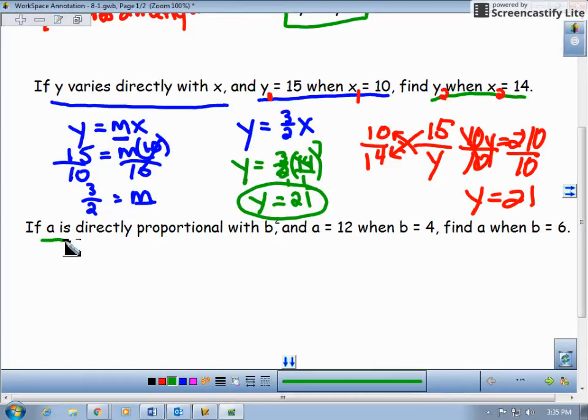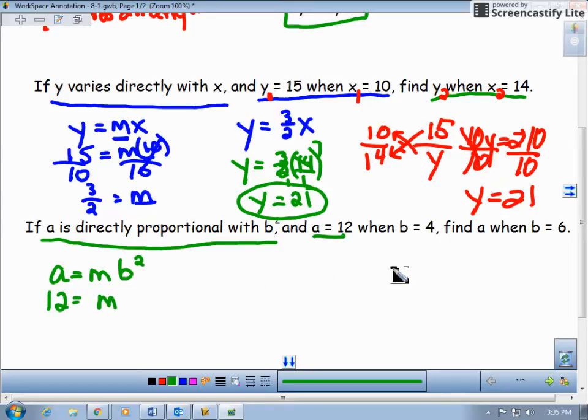Okay? Let's look at this next one, which is a little bit different, guys. We're saying a varies directly with b squared. So my first a is 12, and then my b is 4, and I've got to square that. So 4 squared is 16.